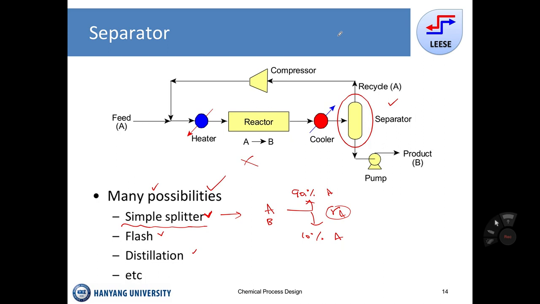So, in conclusion, it's very complex to design the separator system. In the reactor case, we used very simple methods like conversion and recovery, but for distillation, absorption, extraction, or membrane, whatever, we may not be able to use such a simple indicator. In that case, the modeling is very complex.